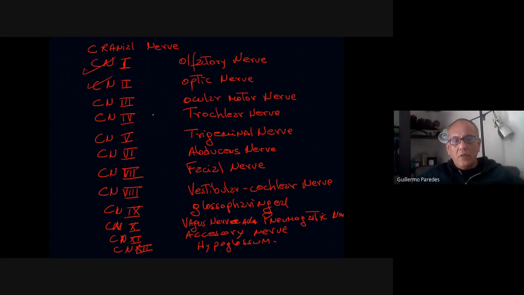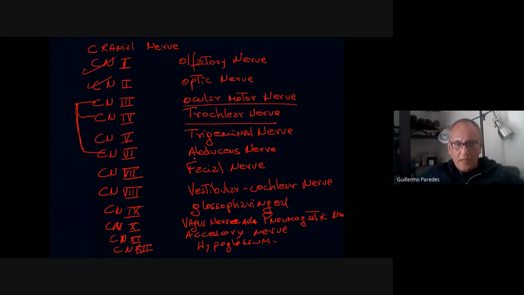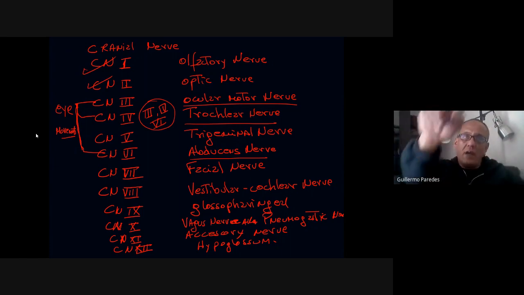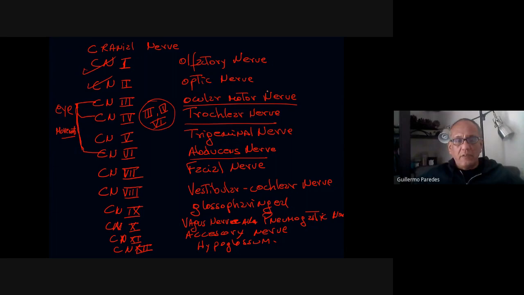The oculomotor, the trochlear, and the abducens are what I call the nerves 3, 4, 6. What they do is eye movement. The doctor puts the finger like that and you follow my finger, right and left, up and down. So that is 3, 4, 6.